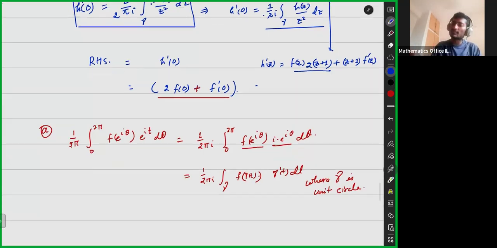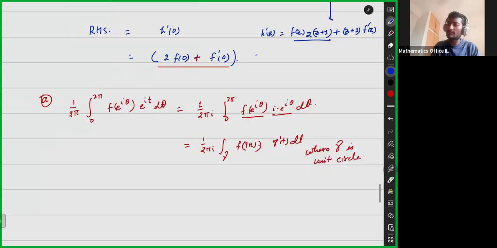So what is this? f is holomorphic, right? Inside a disk of radius 2 at the origin, and this unit circle lies in there. So this can be replaced further with 1 upon 2 pi i integral of f(z) dz.